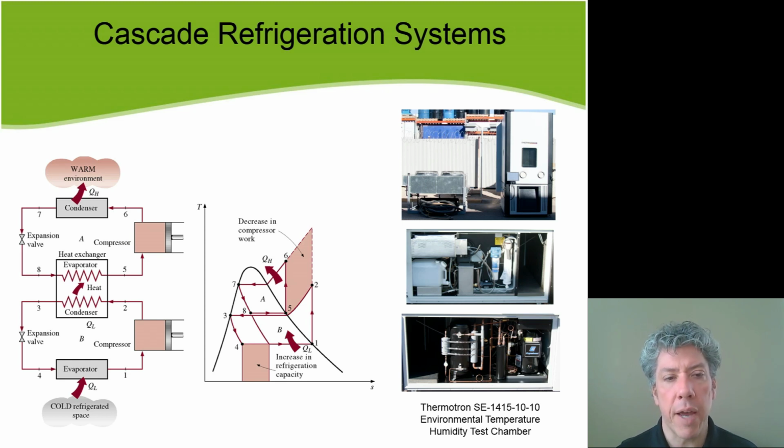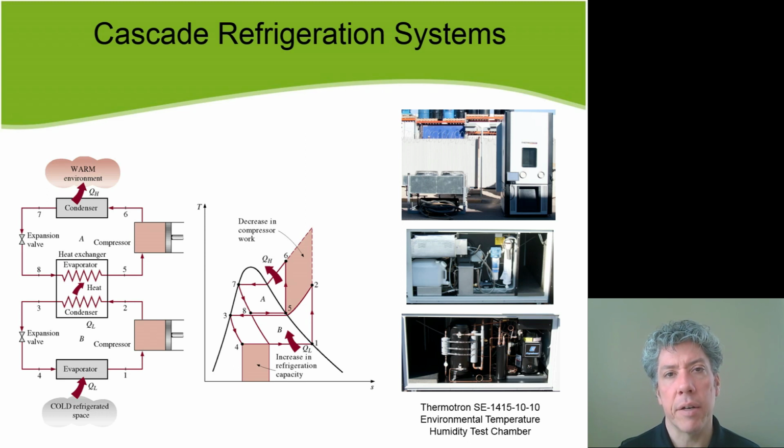So you've got one evaporator at the lower level from state 4 to state 1, and then as you go from state 1 to state 2, the refrigerant becomes relatively warm and goes through the condenser where it can lose its heat to the evaporator of the cascaded system, you see. And so then the upper system can take that heat and pump it up again to a higher temperature to then finally push the thermal energy out to the warm environment. So this is a cascaded system. It is more complicated, but the advantage is that you cut out a lot of compressor work.